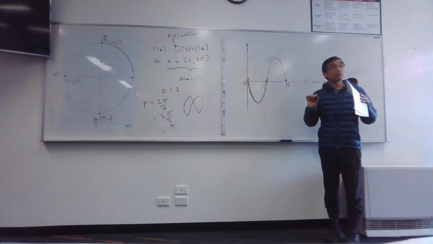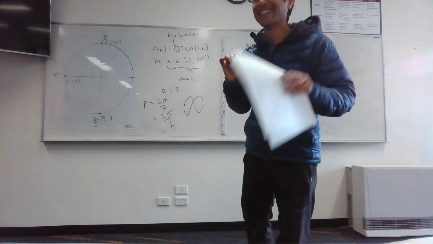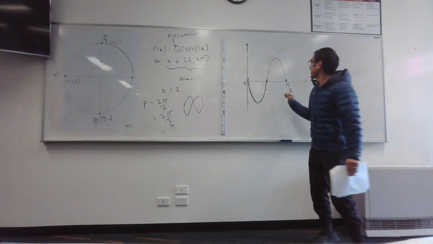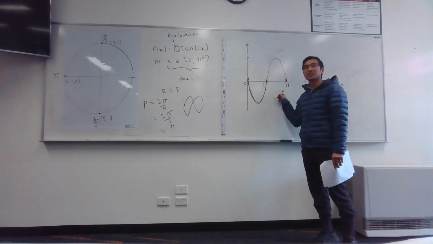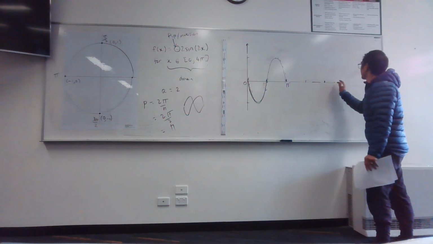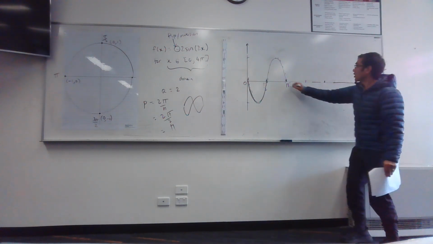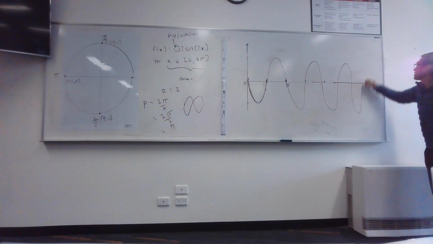Have I completed the graph? No. Good. What do I need to do? Perry, what do I need to do? Yes, Perry, domain. I'm only up to pi. How many more times? Three more times, good. So go 1, 2, 3.